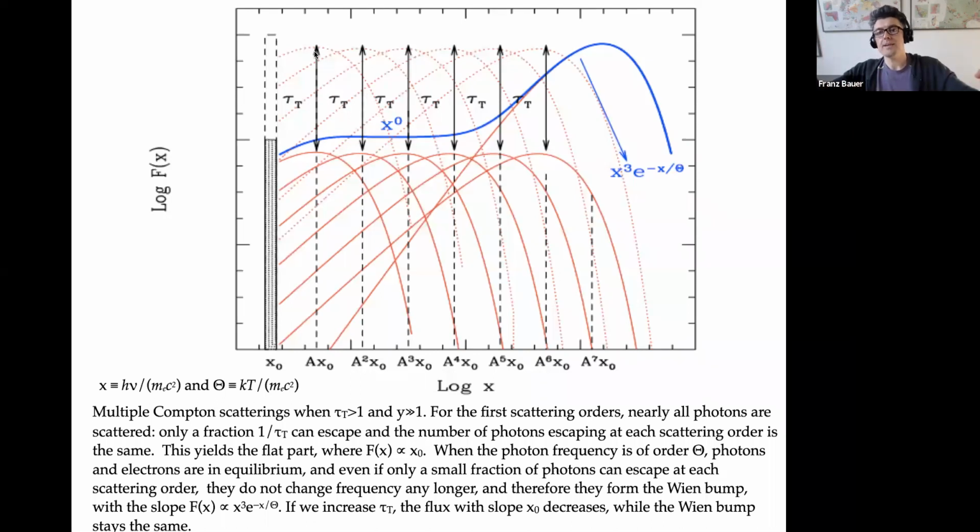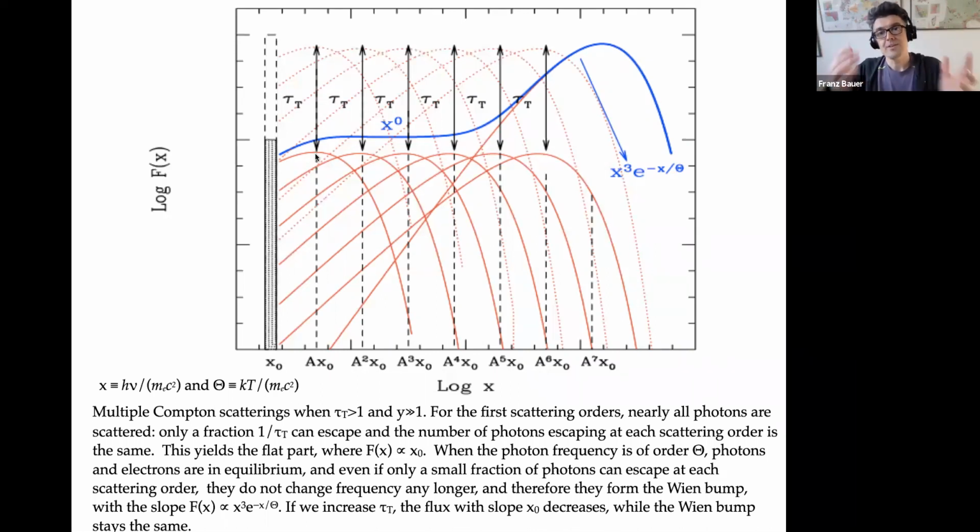So they travel through the medium and they interact with another electron and they get upscattered again. And this decrease here is the probability with which those photons will be upscattered, right? And so this is a huge factor. Most of the photons are upscattered, and typically what happens is that around the edge of the medium, they escape, right? So some of these photons escape just because of the structure of the medium.